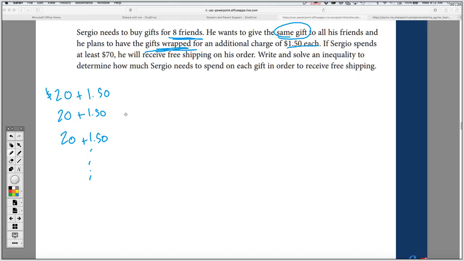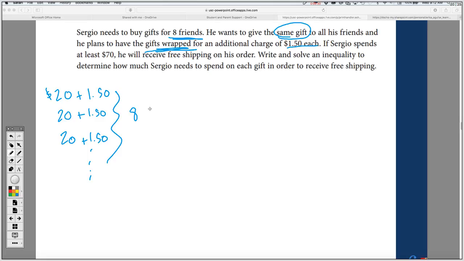You said it. Yeah, you did say it. So adding up a certain amount of times is the same thing as if I added up 8 times, I would write 8 times (20 plus $1.50).